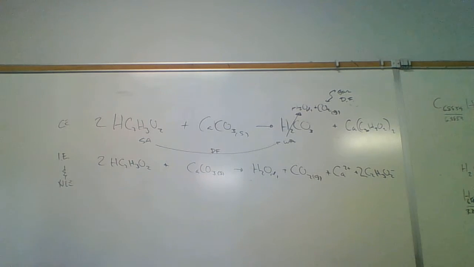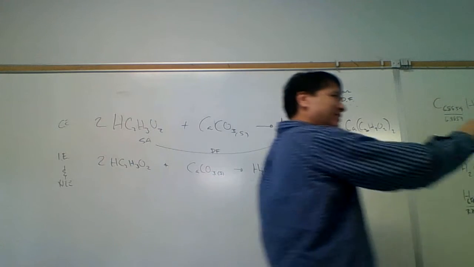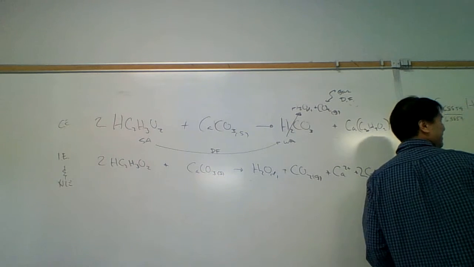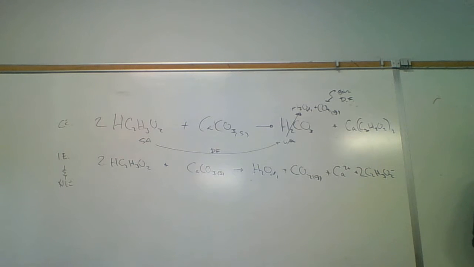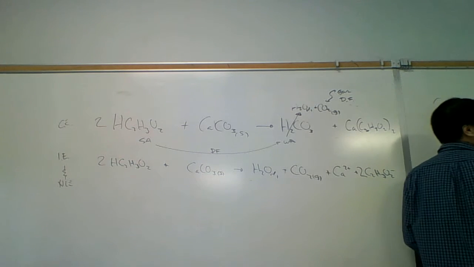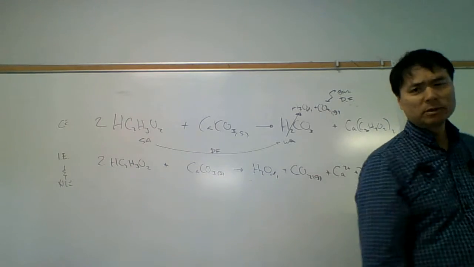No. No. Let's do this one here. Barium nitrate and ammonium sulfate. We don't have much time, so I'm going to just write this out. We just have a minute.